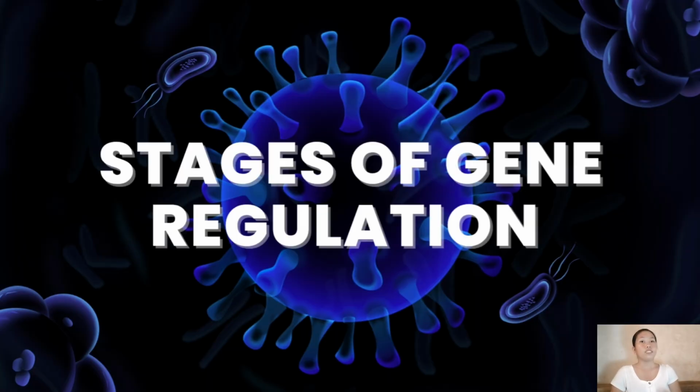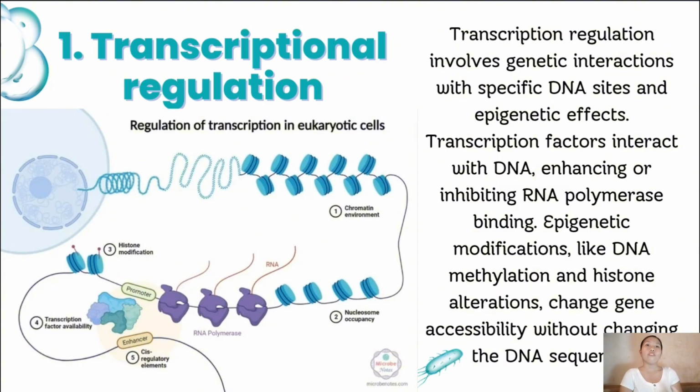Let's move on to the stages, or the levels, of gene regulation. So we have first the transcriptional regulation. Transcriptional regulation involves genetic interactions with specific DNA sites and epigenetic effects. Transcription factors interact with DNA, enhancing or inhibiting RNA polymerase binding. Epigenetic modifications like DNA methylation and histone alterations change gene accessibility without changing the DNA sequence.